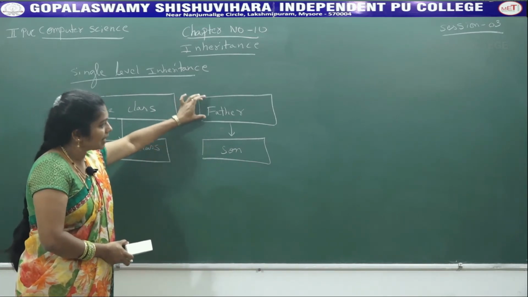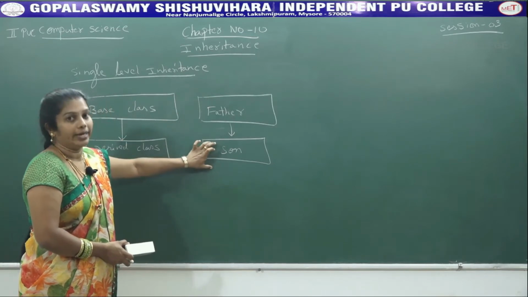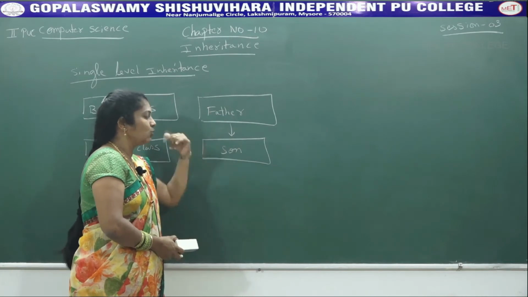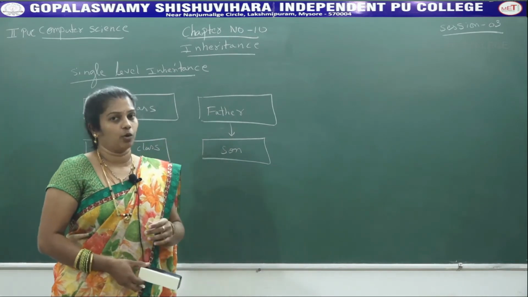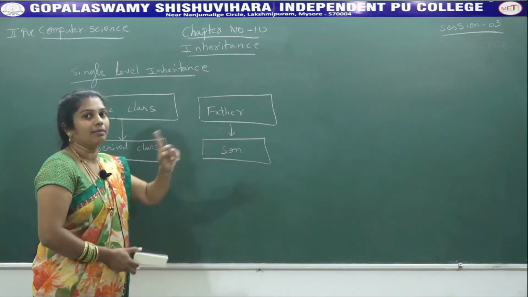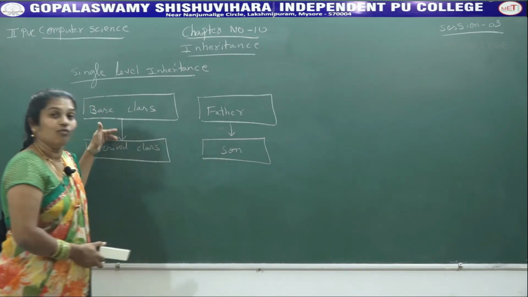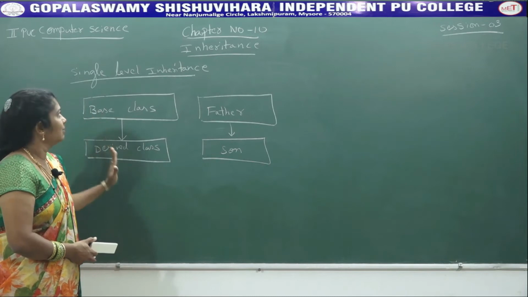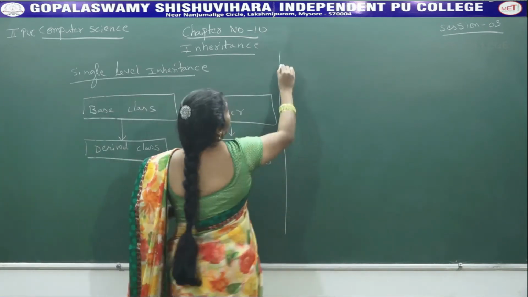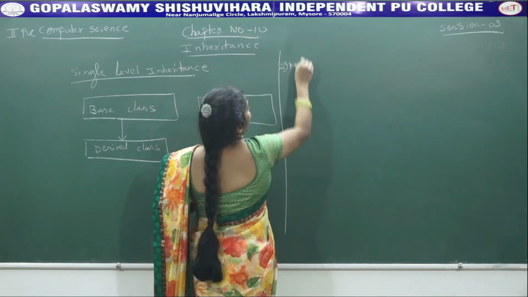The properties are passed from the base class to the derived class, and the derived class acquires the properties of the base class, and it may have additional properties also. This is nothing but single level inheritance. The name itself suggests only one level is there.